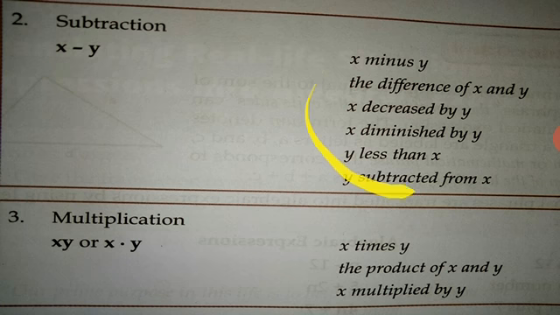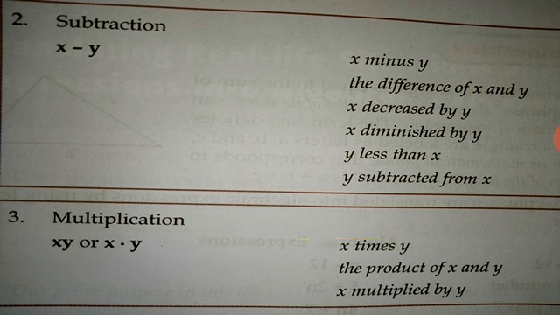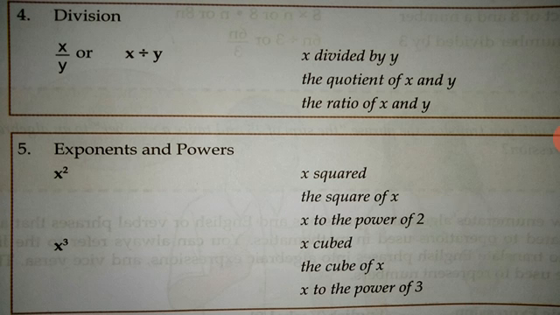You can get a clue here if you have an activity with regards to writing verbal phrases. Next is multiplication. x times y, or the product of x and y, x multiplied by y. Next is division. The typical is x divided by y. The quotient of x and y, the ratio of x and y.